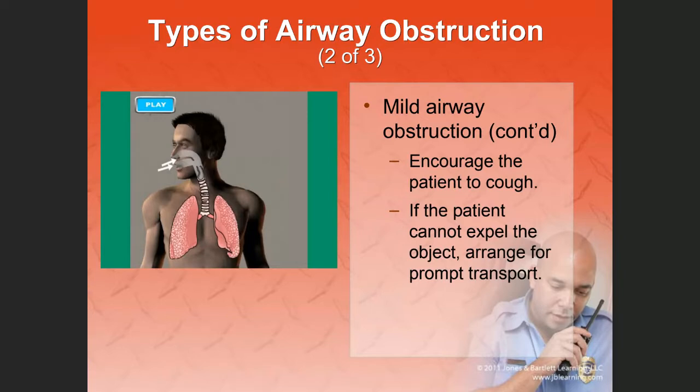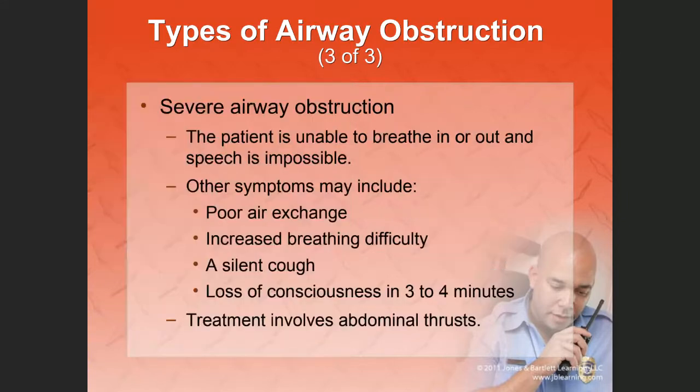That occurs, encourage the patient to cough, monitor the patient's airway, and transport the patient or arrange transport for that patient. Severe, the patient will have poor air exchange. This is something that you physically need to do something about, and you'll follow your BLS guidelines for that.